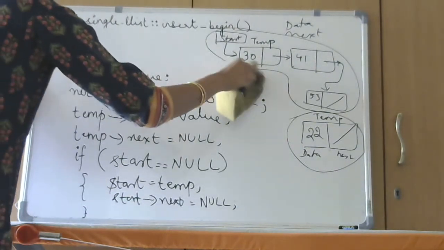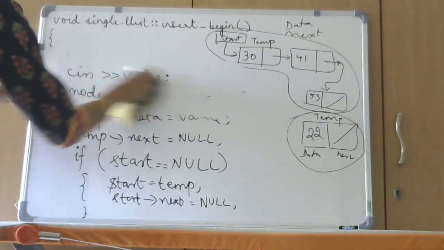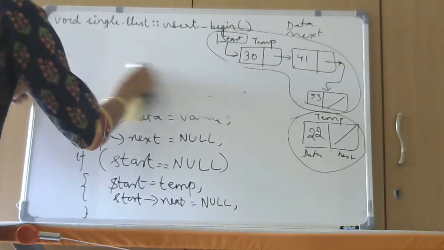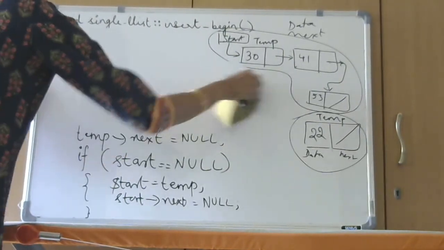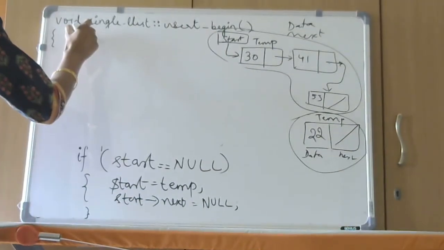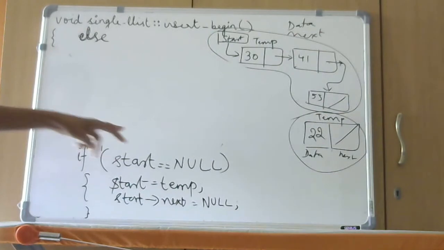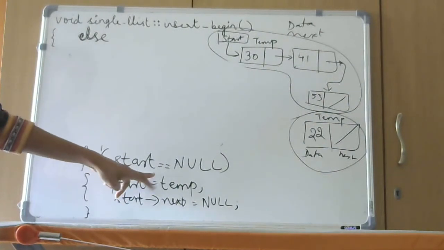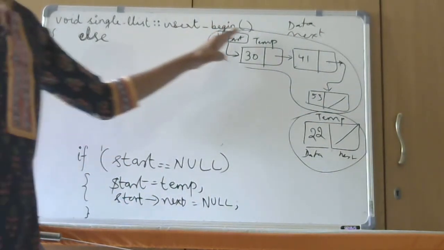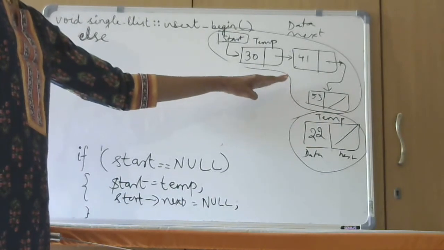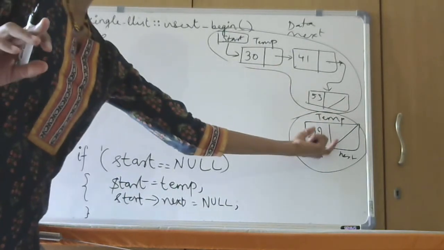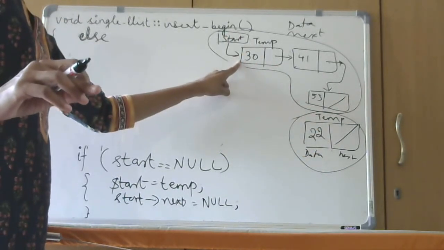What can we do? Let me take an else condition. Else means what? Start is not null. Start is not null means what? This linked list is already there with some nodes. You want to insert this new node at the beginning. Correct?